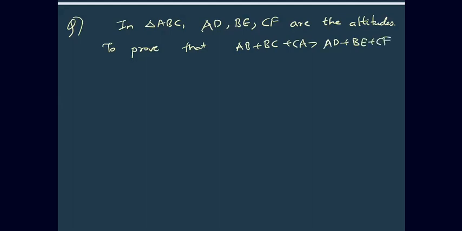This is what you need to prove. That is, the sum of the sides of a triangle is greater than the sum of the altitudes. Just try this for some minutes and then we'll discuss.